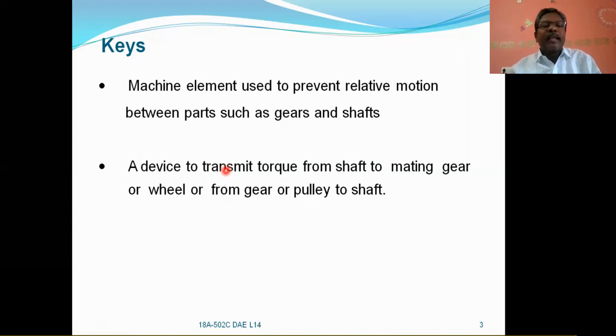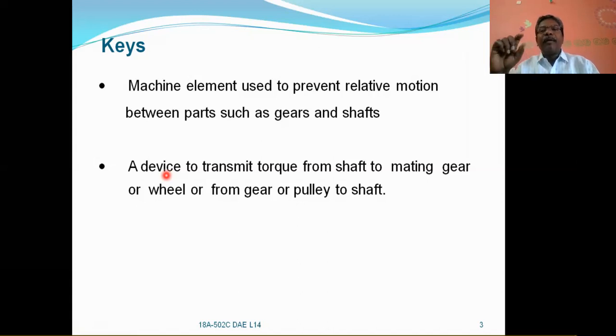So this key is inserted in a recess between the hub of the mounting, that means pulley or the gear, and the shaft. And this recess is called keyway.